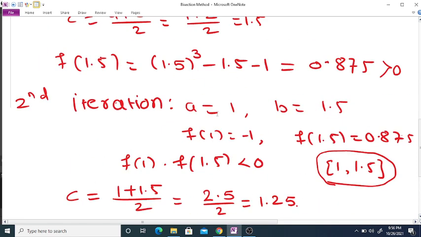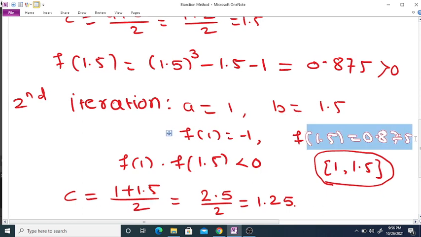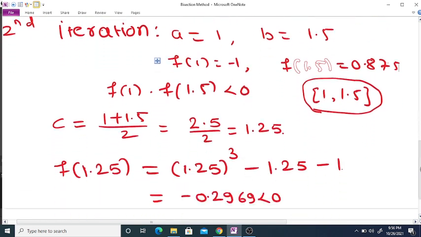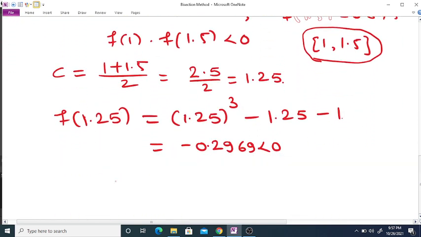So, in this iteration f of 1.5 is greater than 0. So in the next step the root lies in the interval 1.25 and 1.5.